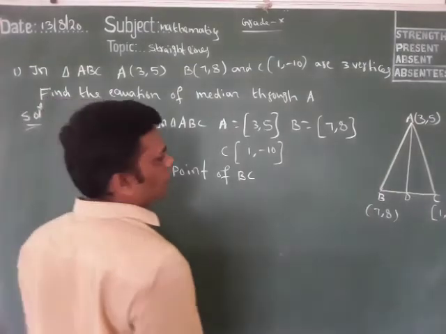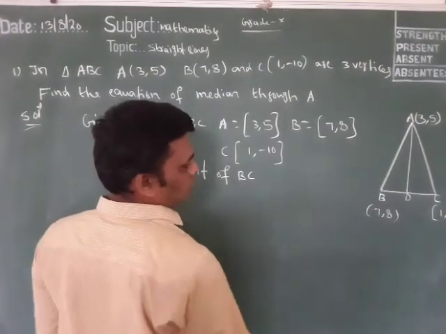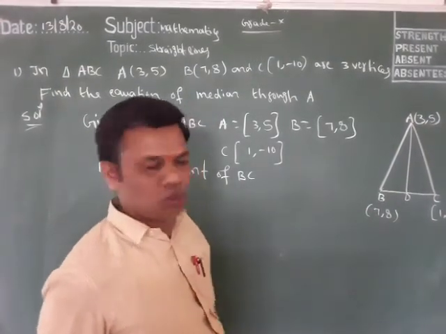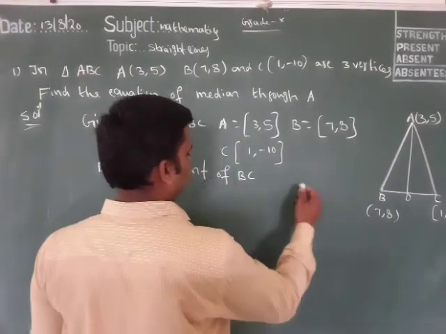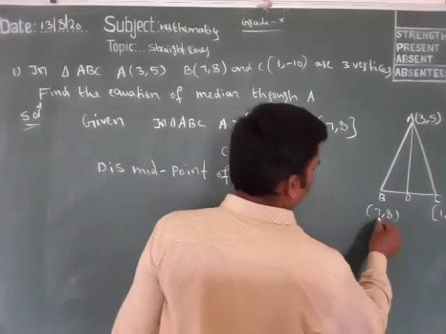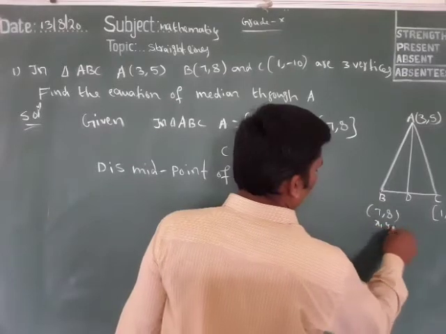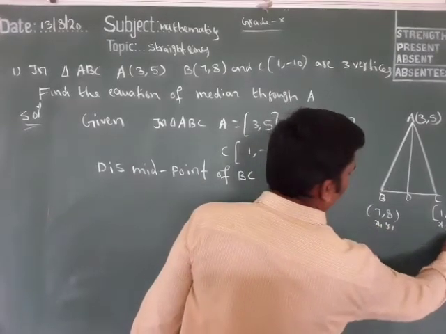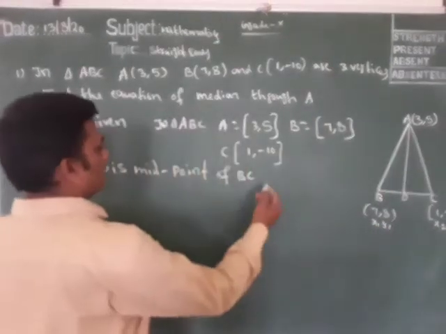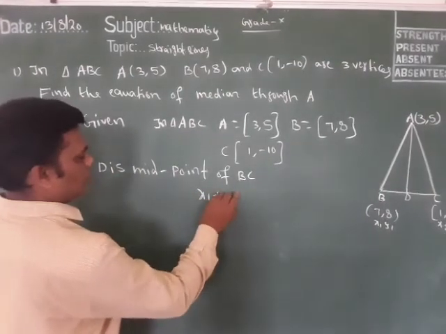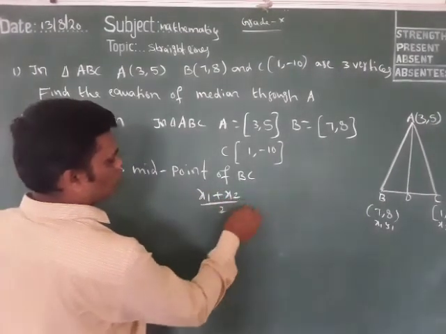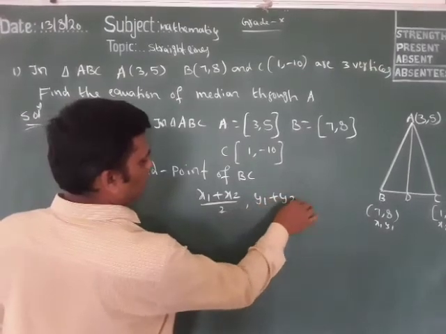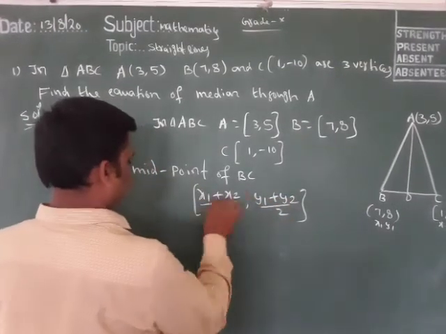So what is the formula? The midpoint formula: (x1 plus x2) upon 2, (y1 plus y2) upon 2, for points (x1, y1) and (x2, y2).